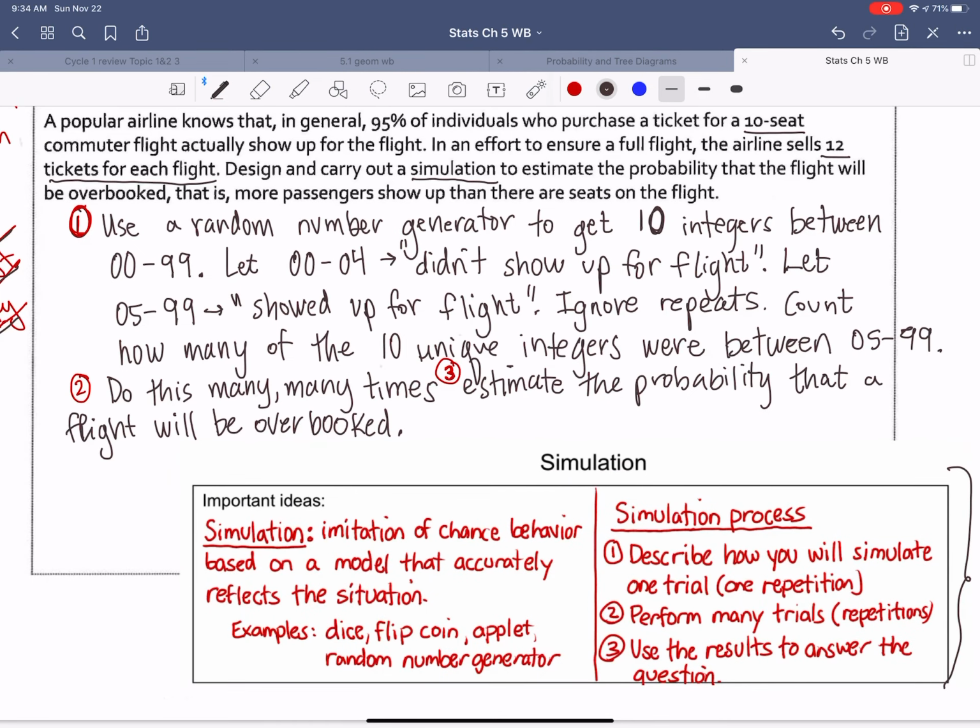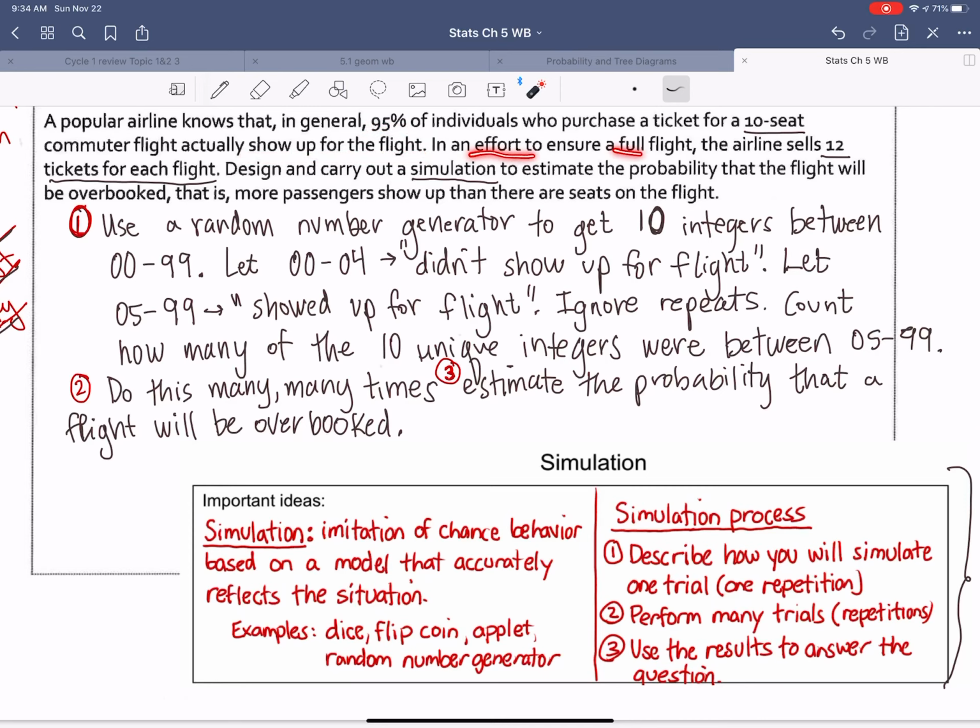In this example, it says a popular airline knows that in general, 95% of the individuals who purchase a ticket for a 10-seat commuter flight, so it's just a little small airplane, maybe going between Boston and New York, actually show up for the flight, meaning 5% don't show for one reason or another.